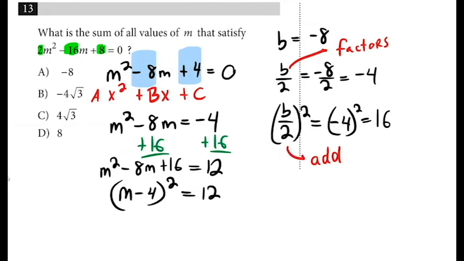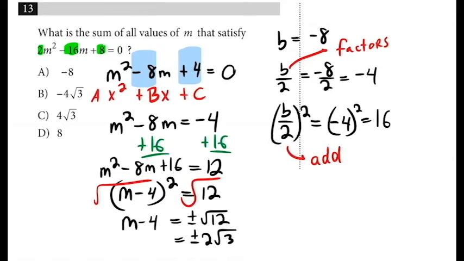Now this leaves us with something that has an exponent, and so to get rid of the squared, we can take the square root of both sides. The square root of m minus 4 squared is just m minus 4, and then we have radical 12 on the right, and so that's plus or minus root 12. Root 12 in radical form is the same as 2 root 3.